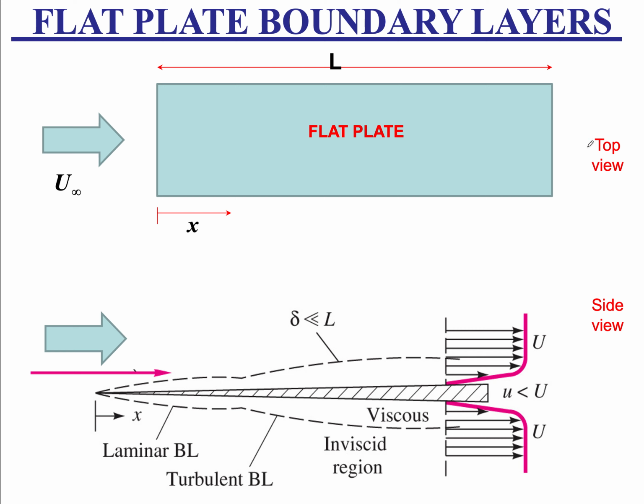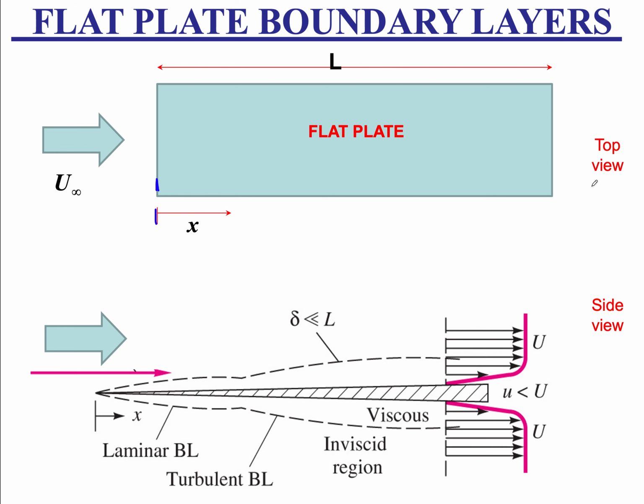From a top view, this was the fuselage that we developed and rolled out into a plate. Our coordinate system is x, which measures the distance from the leading edge. The incoming flow is u infinity.